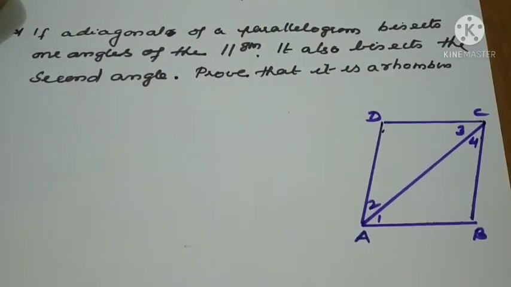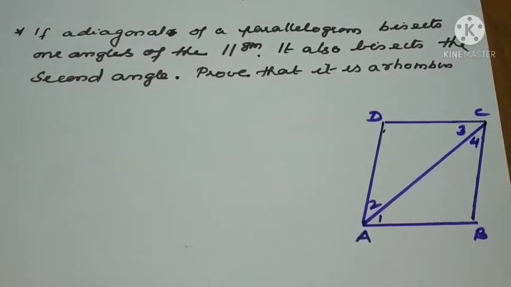If a diagonal of a parallelogram bisects one angle of the parallelogram, it also bisects the second angle, and also prove that it's a rhombus. So a parallelogram is given, which is the parallelogram ABCD.